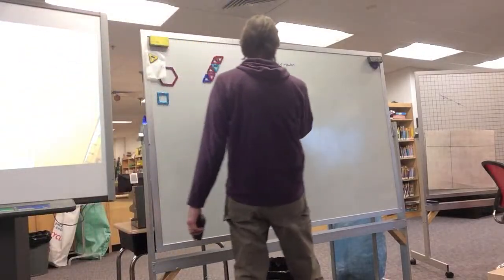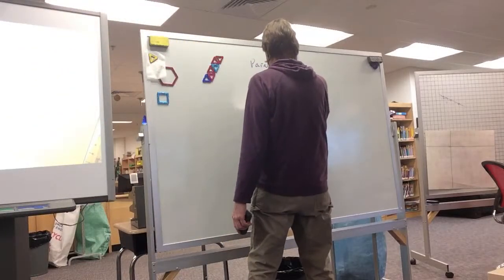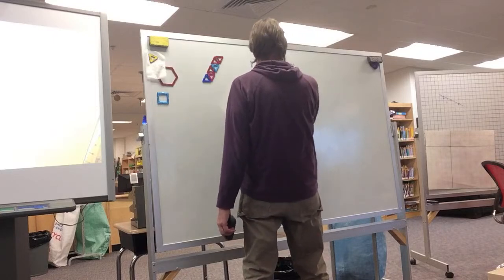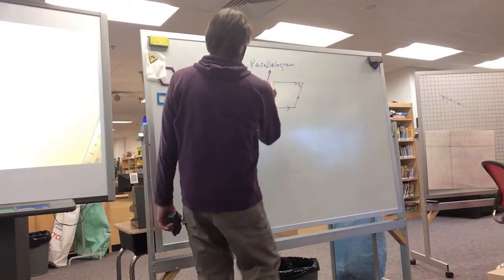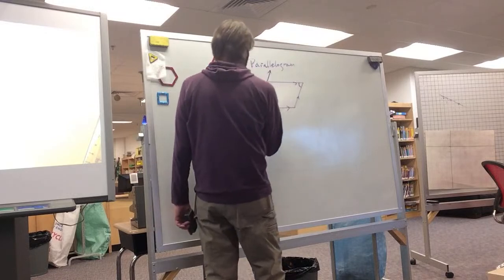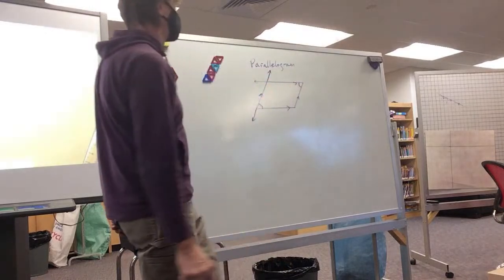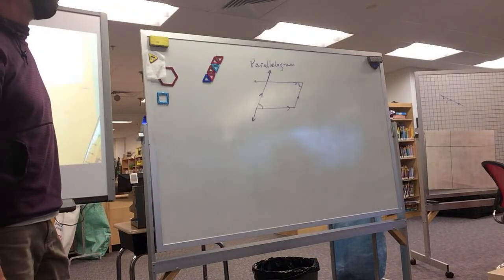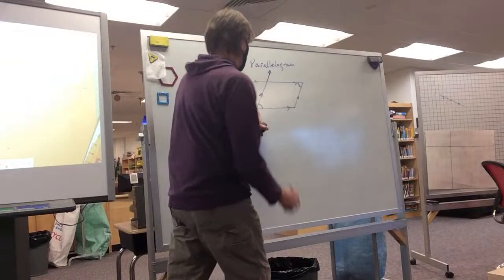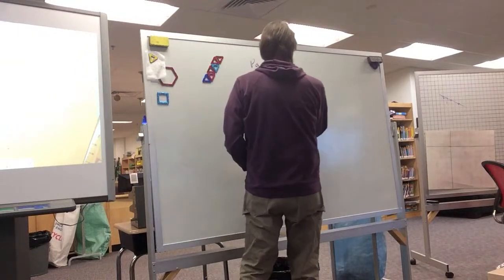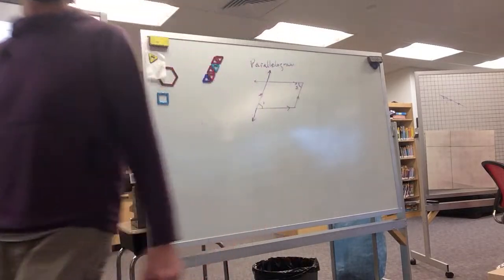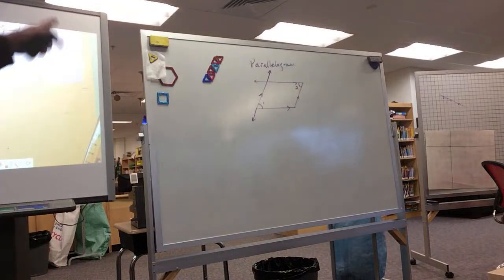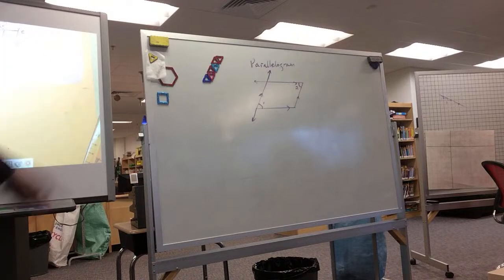So what if we extend this and extend this? Now what can we do to get from maybe this corner, call it angle number 1, up to angle number 2? Can you work your way with one or two steps to justify that those angles are equal to one another?